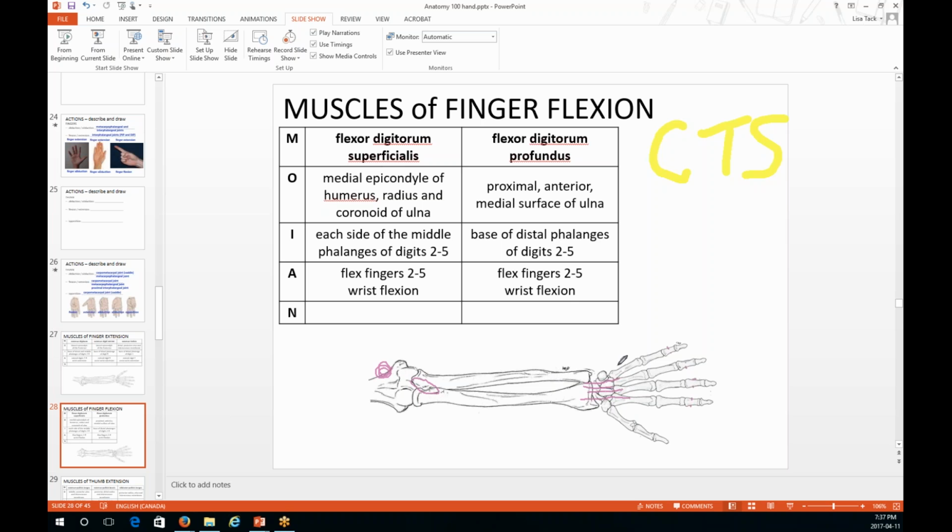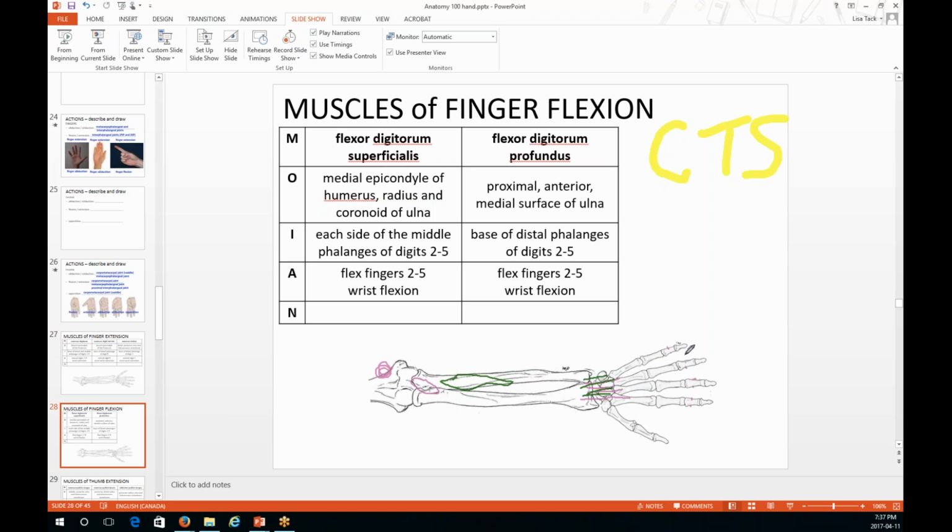Because then we have flexor digitorum profundus. So it's on the proximal anterior medial surface of the ulna. Okay, good. It will split into 4 tendons as well through that tunnel. See how full that tunnel is going to get?